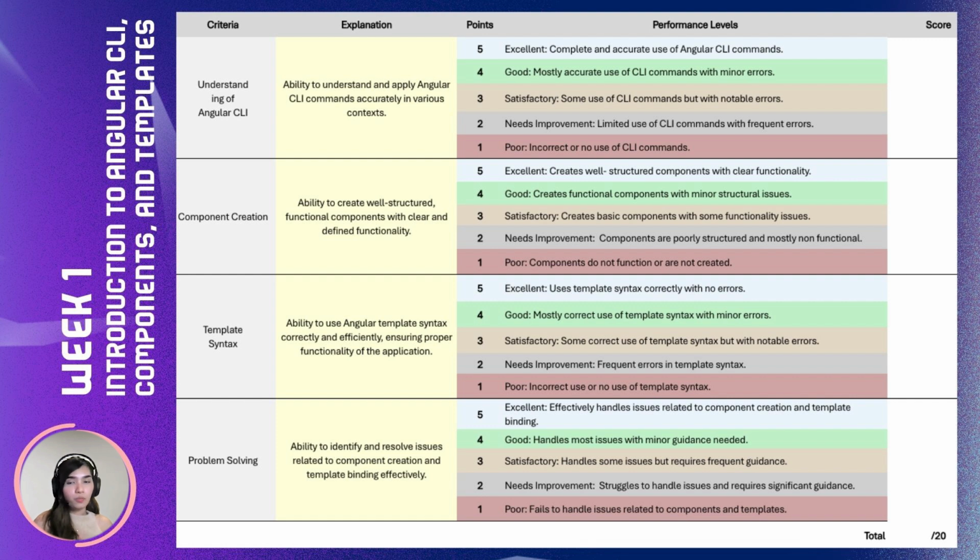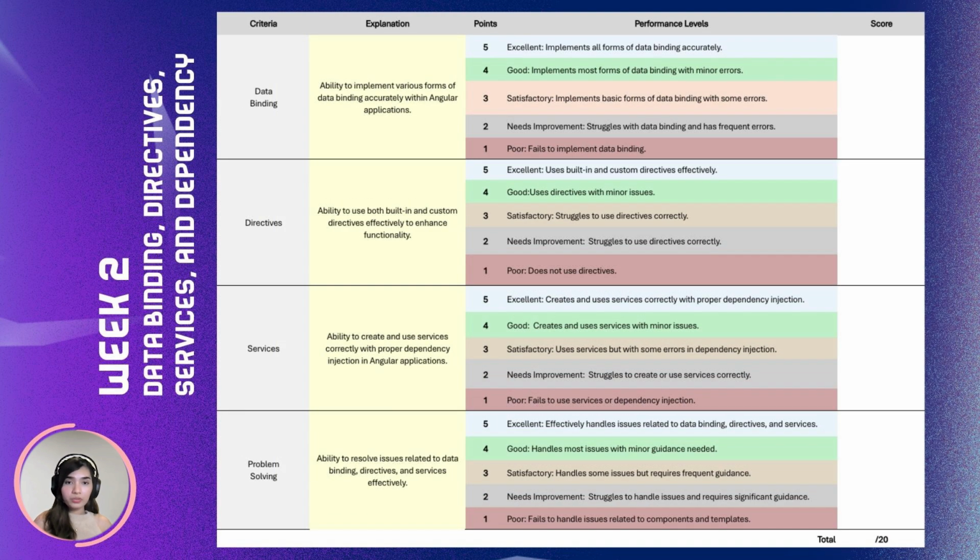So here is week 1, as you can see here in my presentation. We focus on the Angular CLI, components, and templates, assessing their command usage, component creation, template syntax, and problem-solving abilities. So for week 2, it covers data binding, directives, services, and dependency injection, with similar criteria tailored to these topics.